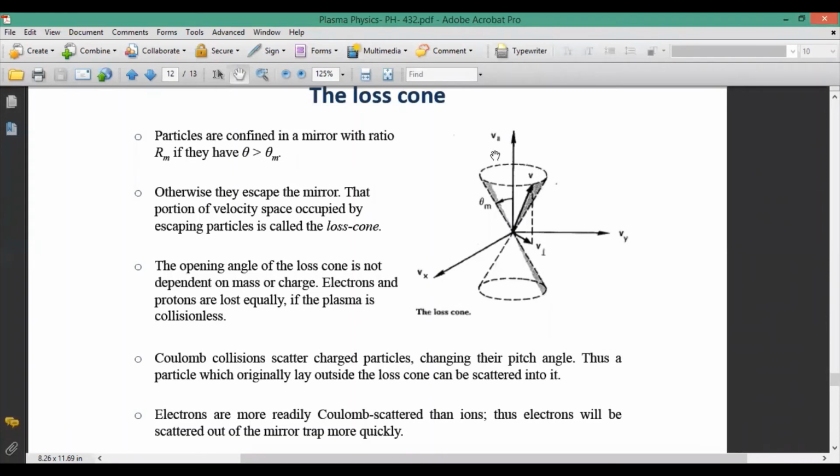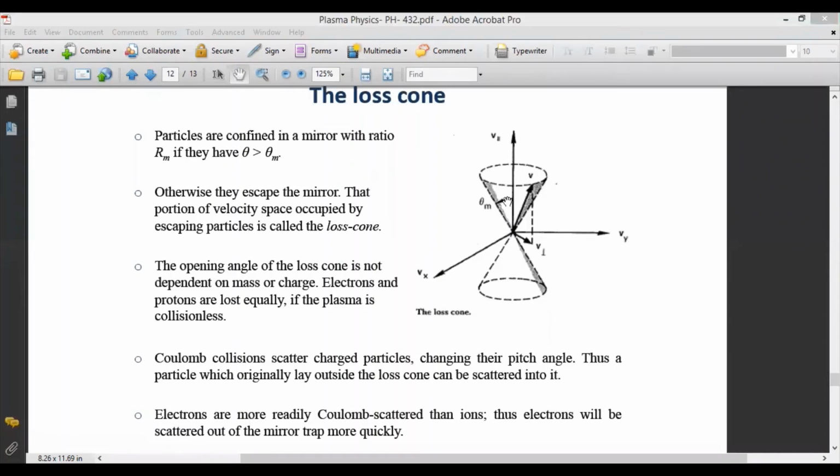So the particles will not be mirrored and will move along the magnetic field, and they will leave the region of the magnetic field along the z direction. So this is known as a loss cone. That is, whenever we are in this region where theta is less than theta m, the particles will be in the loss cone and they can be scattered and leave the region of the magnetic field.